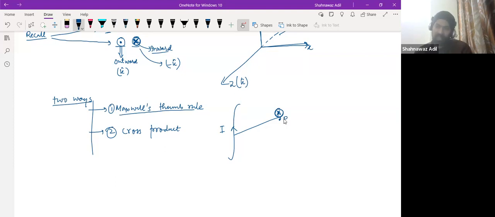Now you tell me, if I want to calculate the direction on the left hand side, let's say I want to calculate the magnetic field at Q point. If you put your thumb in the upward direction and curl your finger, what is the direction that you are getting at Q point on the left hand side?